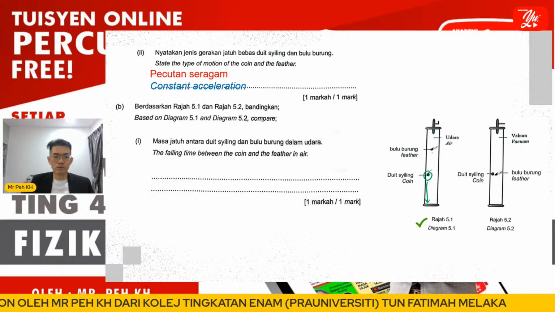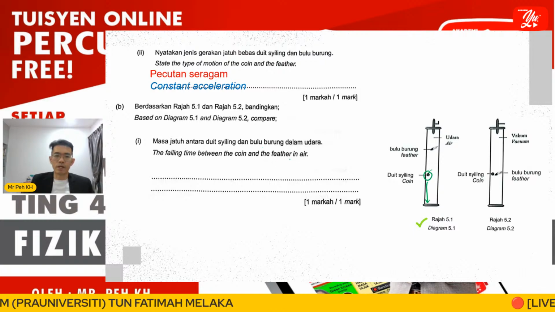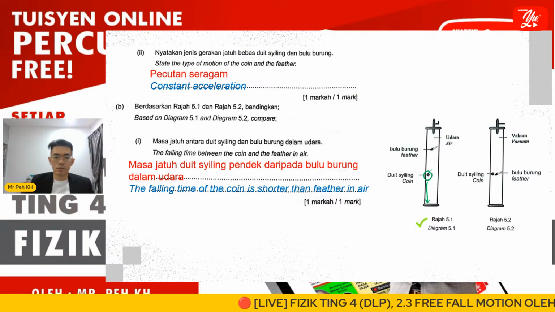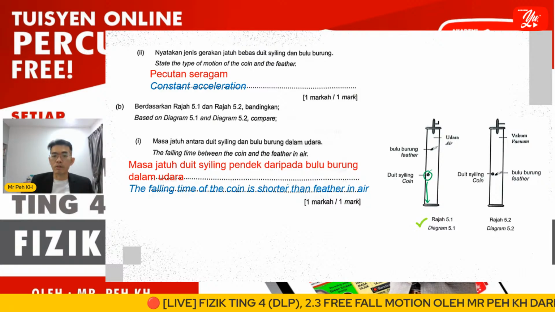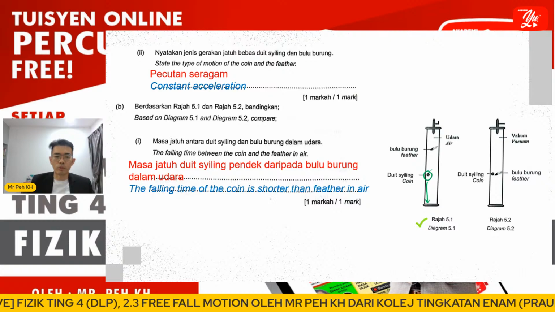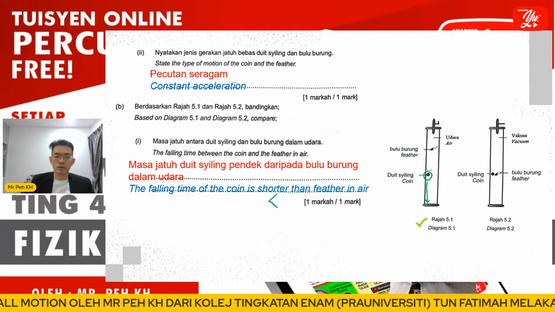So the falling time of the coin is shorter, because it is faster. You can use this symbol, less than, feather.